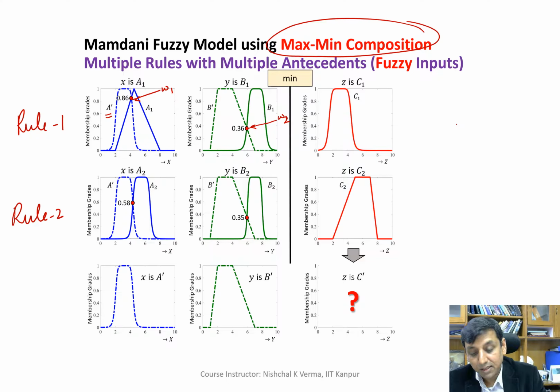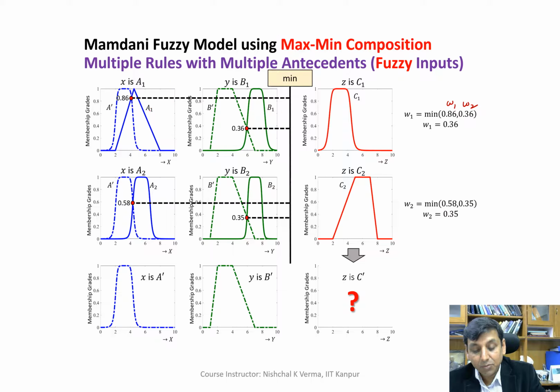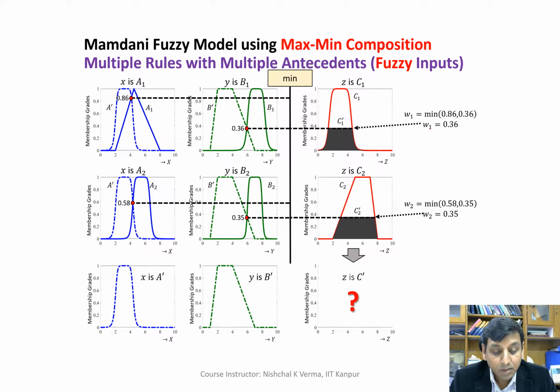Let us take these as w1 dash and w2 dash, and let us call this w1, which is for the first rule. So we get w1 as the minimum of w1 dash and w2 dash.